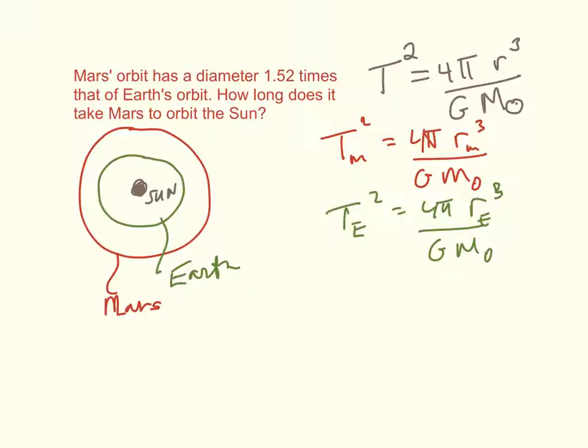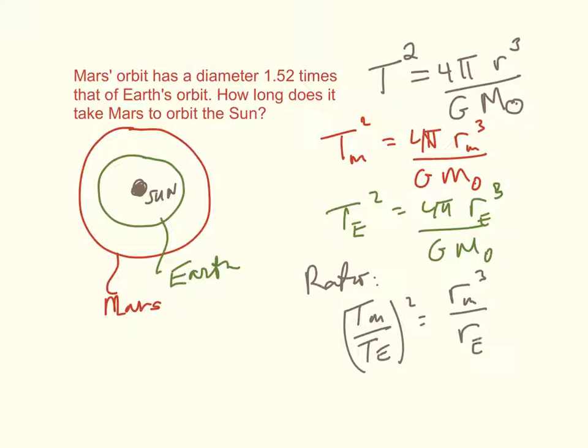Let's take the ratio of these two periods. T Mars over T Earth, squared. All of these constants will end up canceling, and we're left with R of Mars cubed over R of Earth cubed.